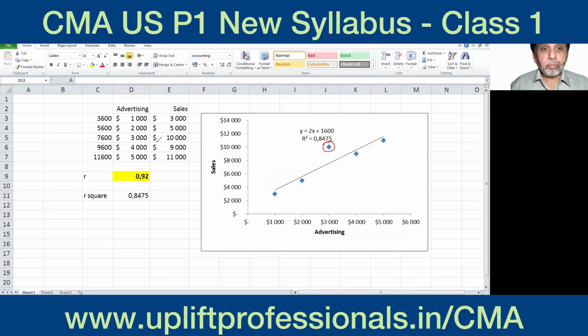For example, if you are spending about 10,000 on advertising, we can predict how much the sales will be with about 80% accuracy. So R square here is determining how much percentage of sales depends on advertising, or how much influence advertising has on sales.